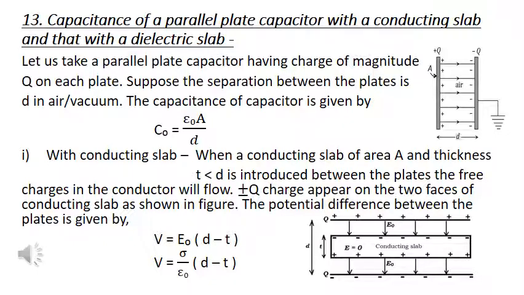So by the expression of potential gradient E is equal to dV by dr, we have written this expression. Now putting the value of E naught, which is sigma by epsilon naught, we get V is equal to sigma by epsilon naught into (d minus t).